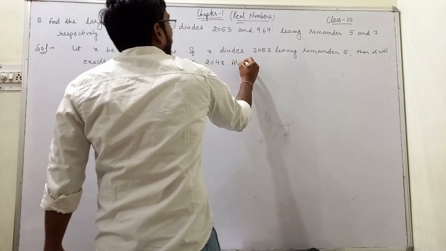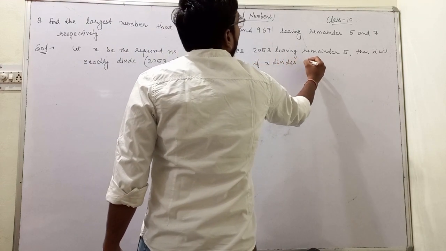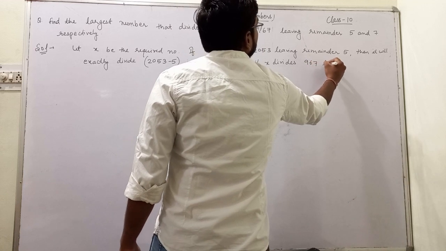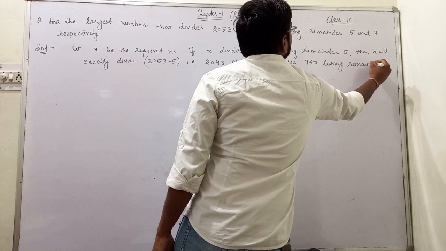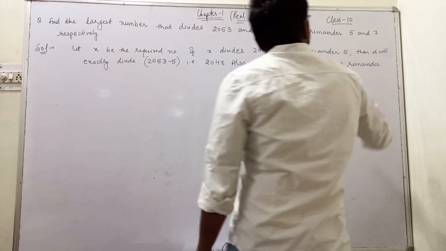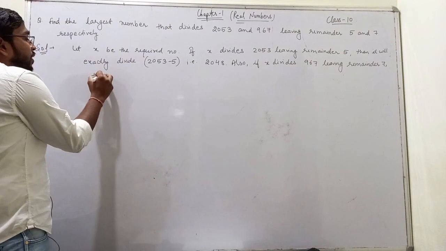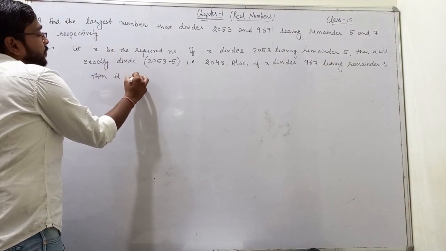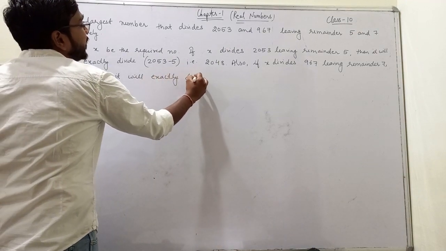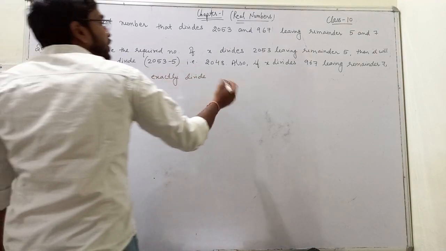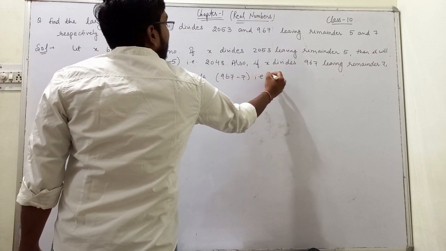Also, if x divides 967, leaving remainder 7, then it will exactly divide 967 minus 7, that is 960.